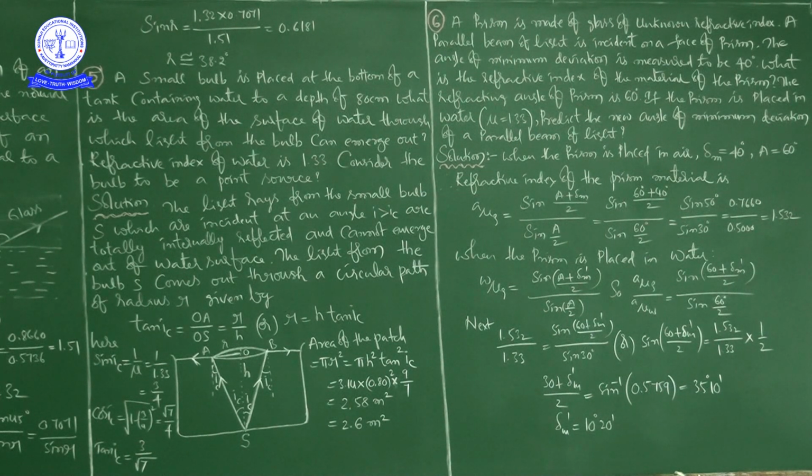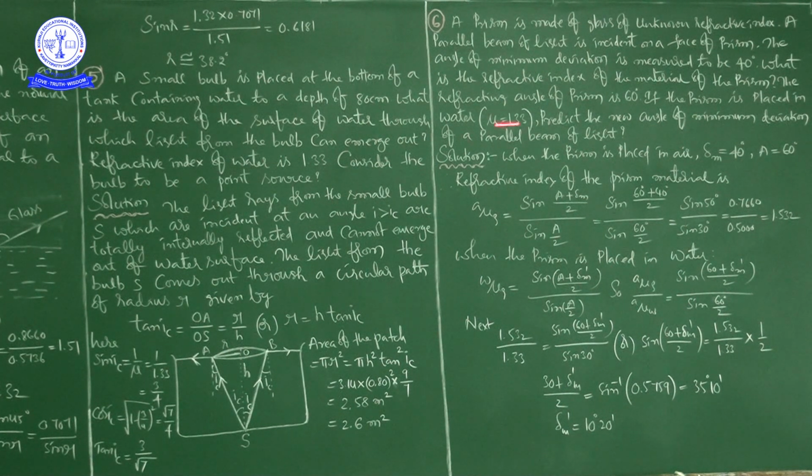So in this question, two things we have to find. In the first half of the problem we have to find the refractive index. In the second half we have to find the new angle of minimum deviation, because we are going to change the medium now.